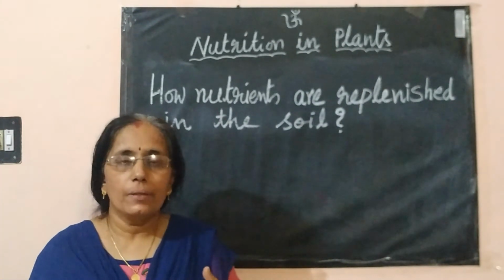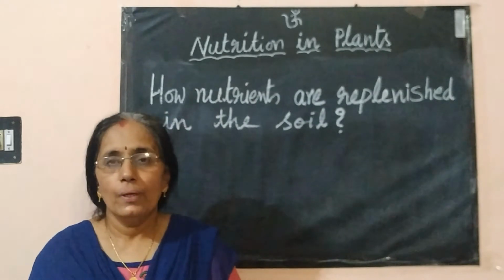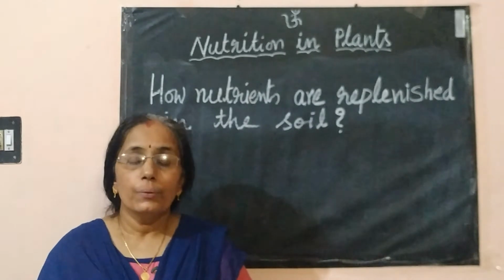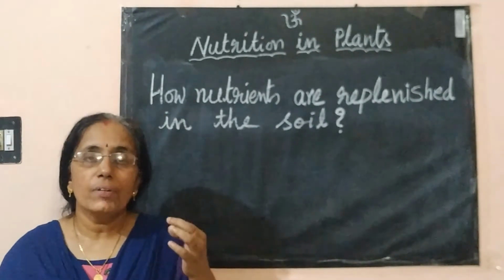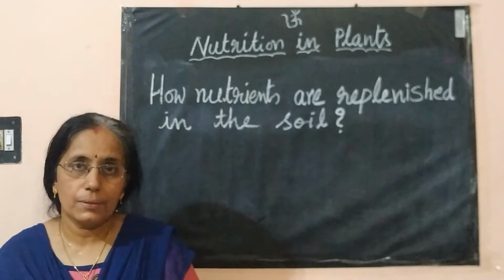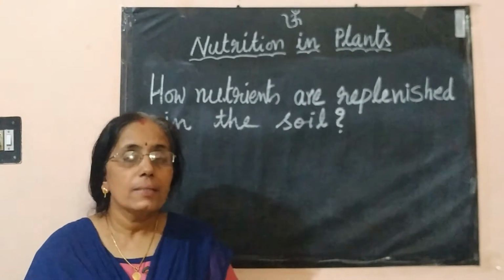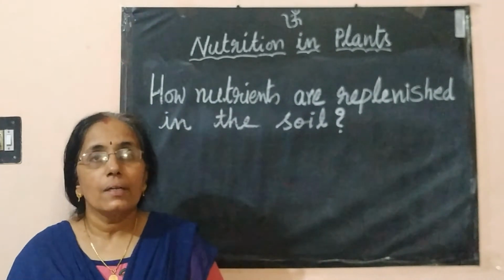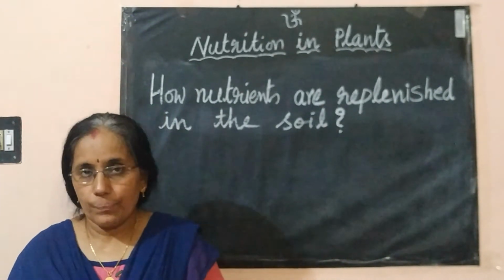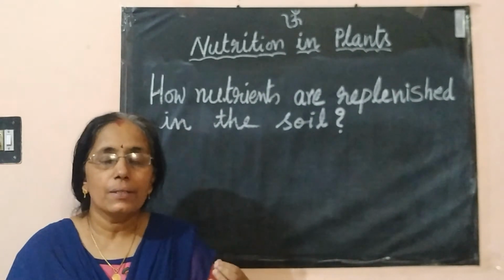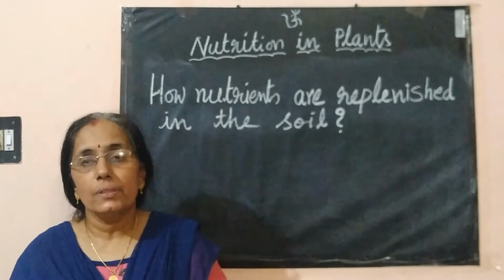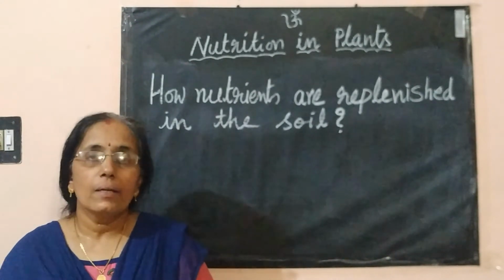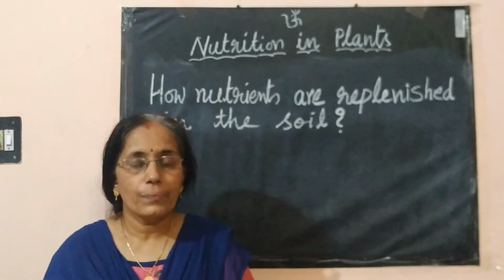But protein, which is a nitrogenous compound, to make that plants need lots of nitrogen. You know that air contains 78% of nitrogen. But plants cannot absorb this gaseous nitrogen as they absorb the carbon dioxide. Therefore, this nitrogen gas is to be converted into soluble nitrogenous compounds which can be absorbed by the plant.